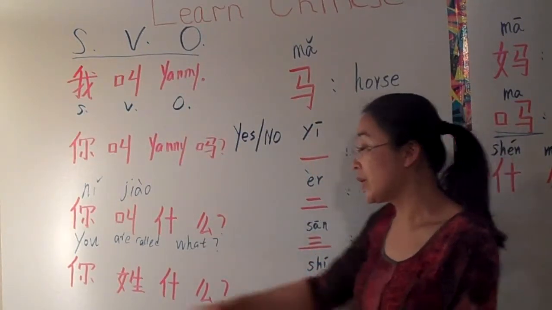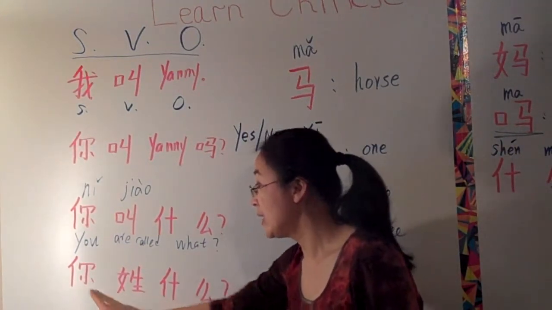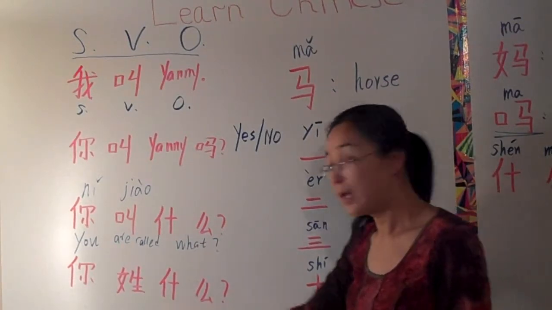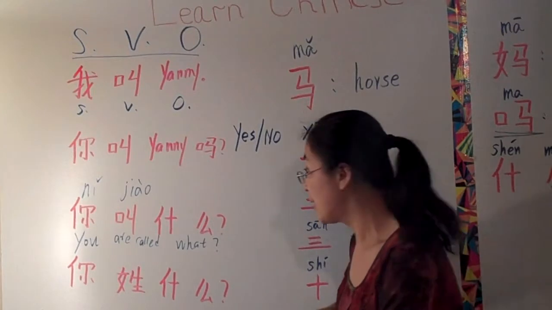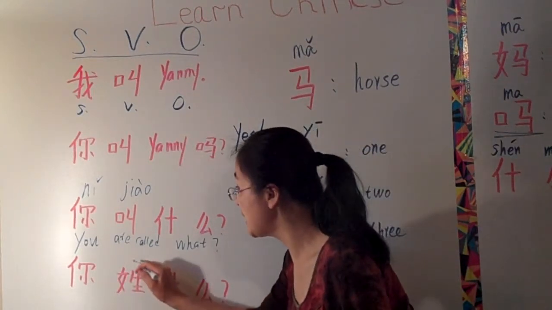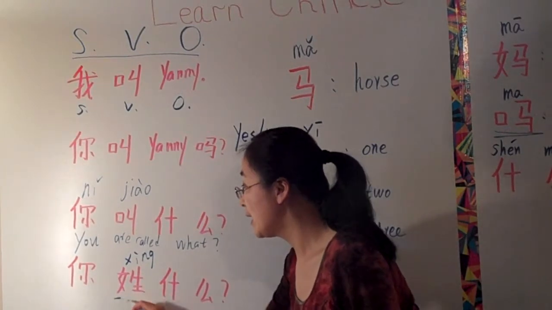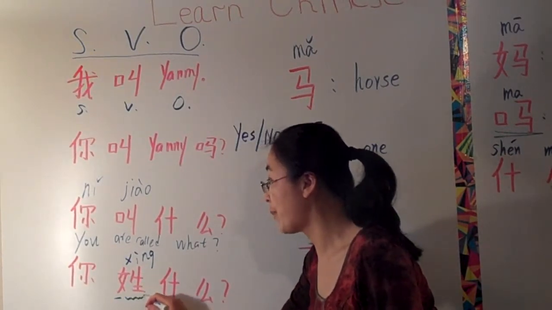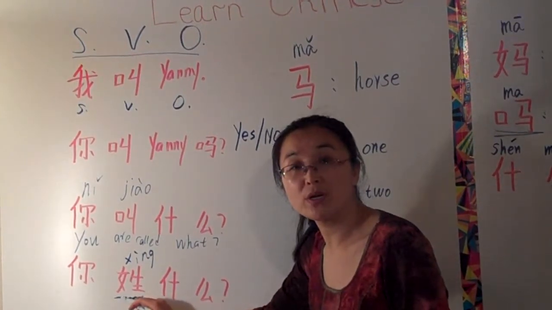Okay, now look at the next question. 你姓什么? Okay, do you remember this one? 姓. The lady, the female, and the person was born. It means surname, to be surnamed, right?